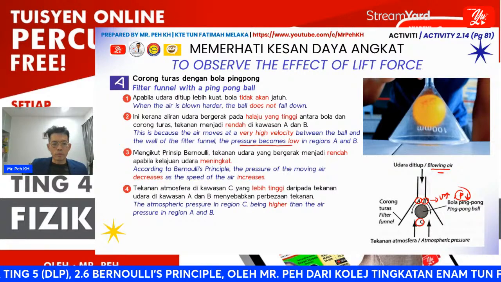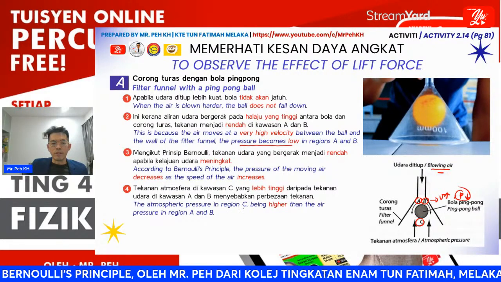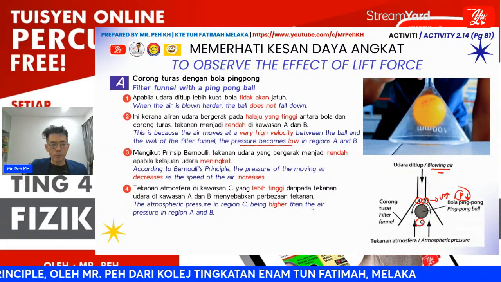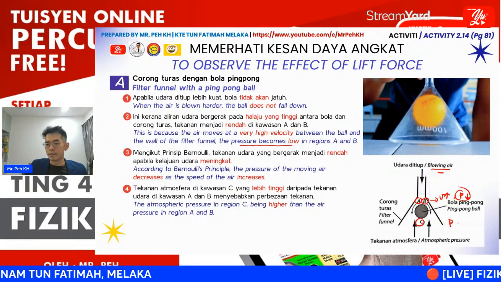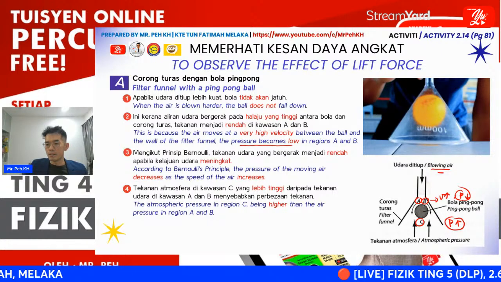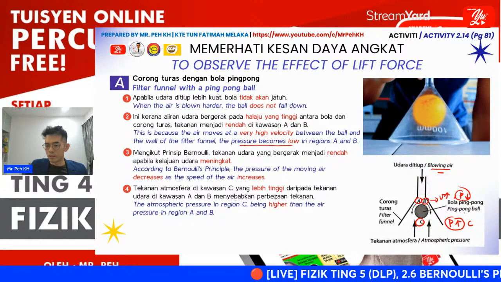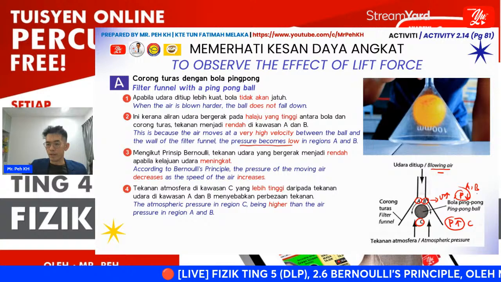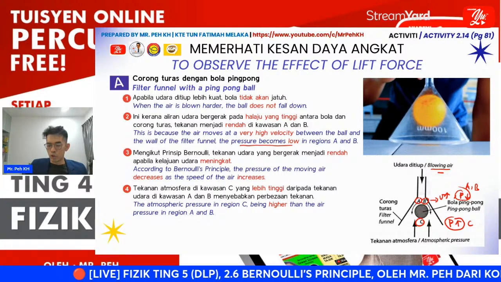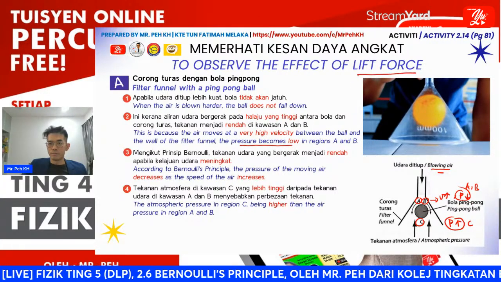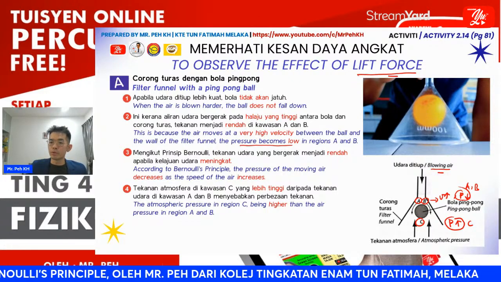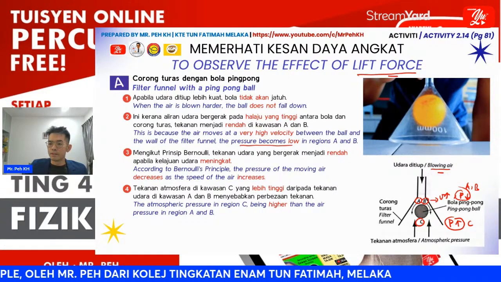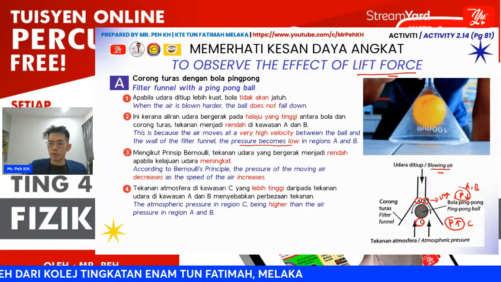Okay, so the atmospheric pressure in region C is higher than the air pressure in region A and B. So again here, you can see the pressure difference is produced. C has a higher pressure, A and B will have a lower pressure. So the lift force or resultant force will be produced from the higher pressure to lower pressure.